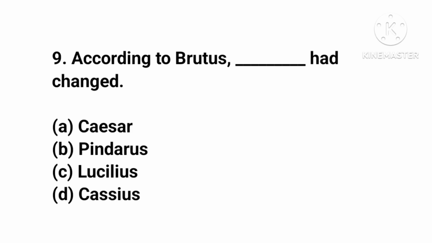So here you have to tell me, in who did Brutus observe such changes? Was it Caesar, Pindorus, Lucilius, or Cassius? Correct. It was Cassius. According to Brutus, Cassius had changed.